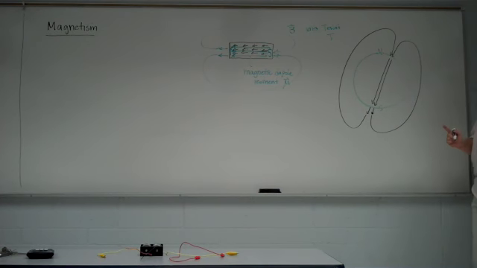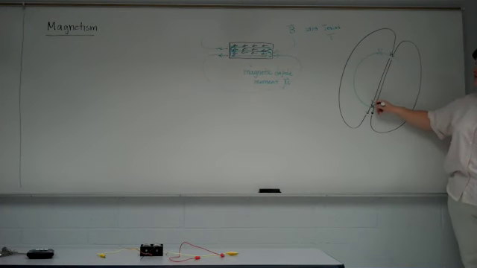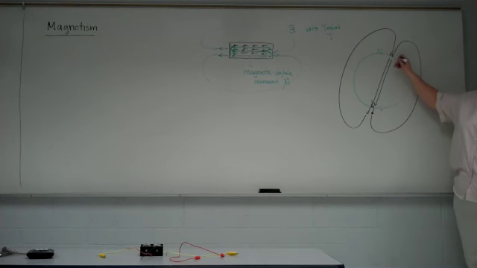So magnetically, the north magnetic pole is down here near the south geographic pole. The south magnetic pole is up here near the north geographic pole.